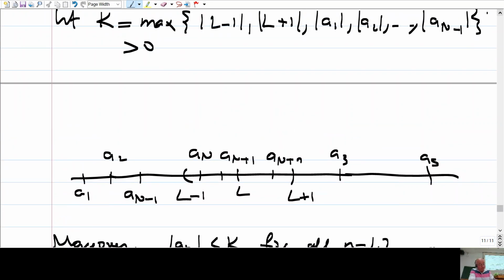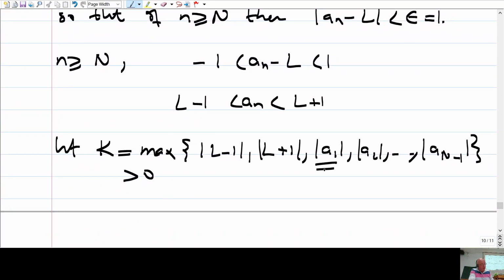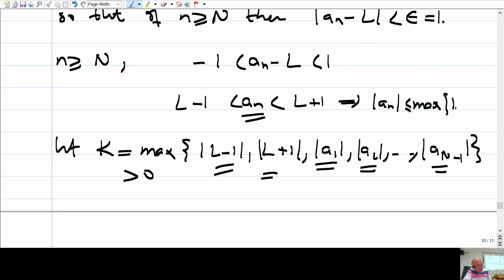Why is that? Because K is larger than this number, this number, this number, and it is also larger than this one and this one. Therefore, for n larger than N, this thing is less than this gadget, right? Here you see that if a_n satisfies this, |a_n| is less than what? The maximum of |L plus 1| and |L minus 1|, right?